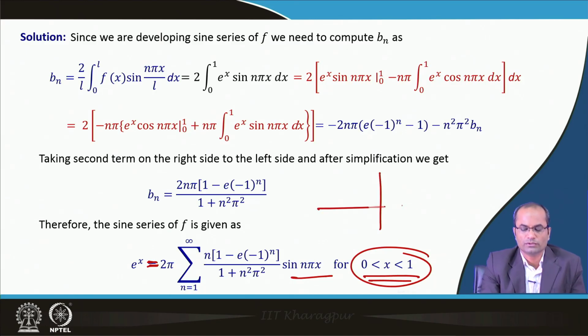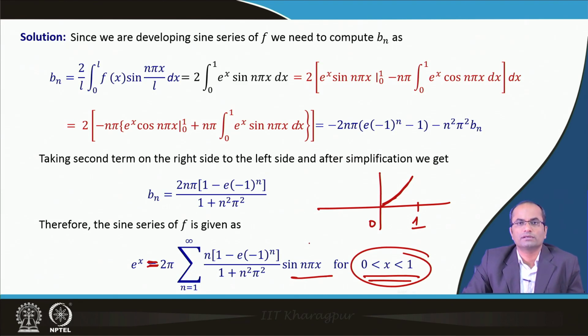Our function was this e power x in this region 0 to 1. This function is continuous in this range, and naturally by Dirichlet's theorem, this Fourier series will converge in this region 0 to 1.